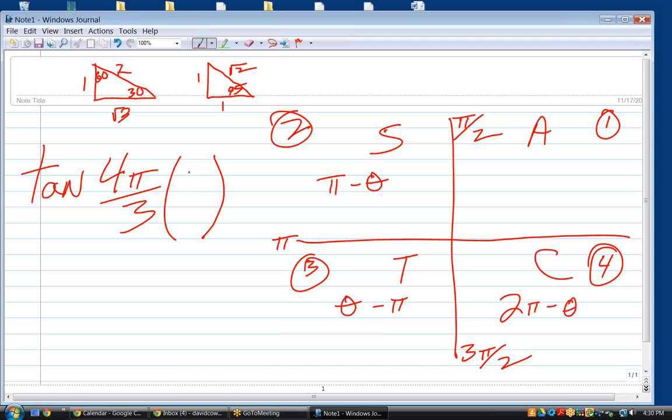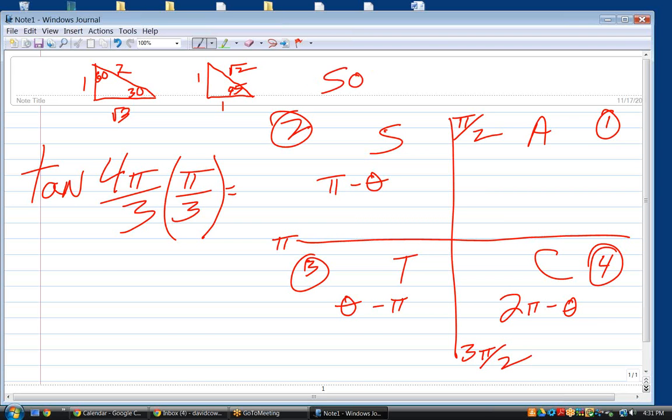Pi over 3. What is the tangent of pi over 3? No, wait. Oh, so now you have to do... Is it still 60 degrees?